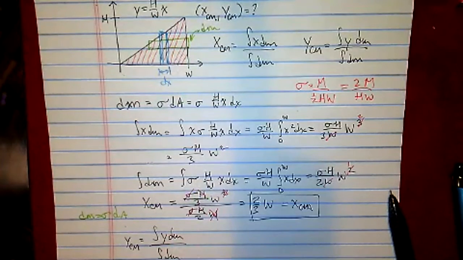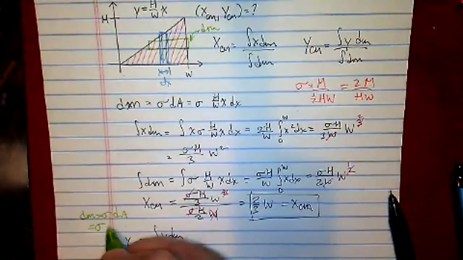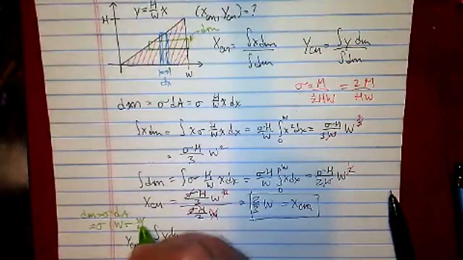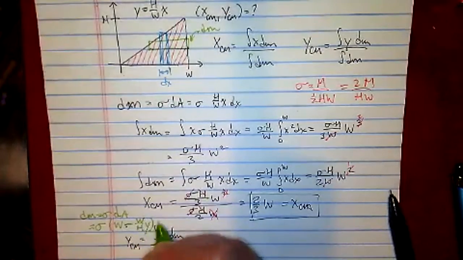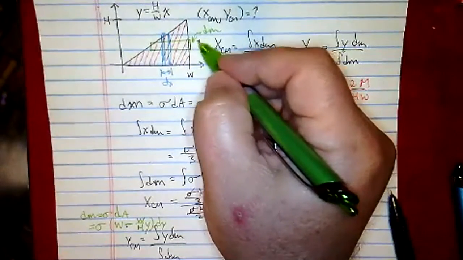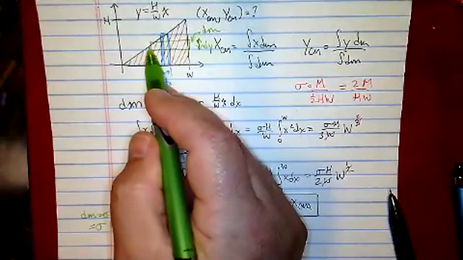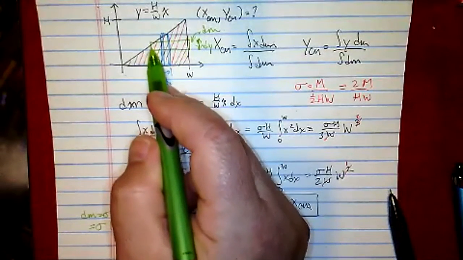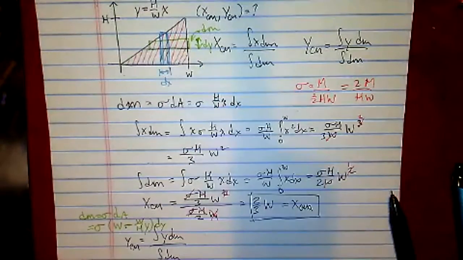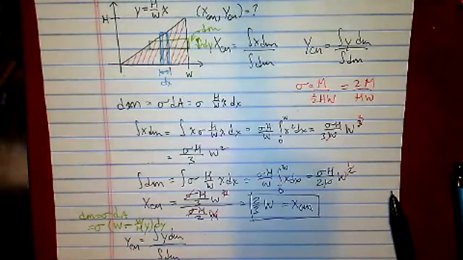So what I will do is say that dm is equal to sigma times w minus w over h y times the width dy. So remember, this is the thickness from here to here is dy. This is w, and this has an x value of w over h times whatever your y value is. So we're going to integrate that, of course, from y equals 0 to y equals h.